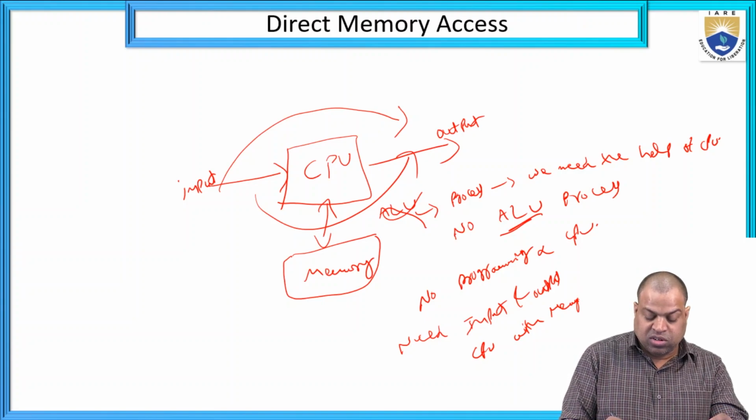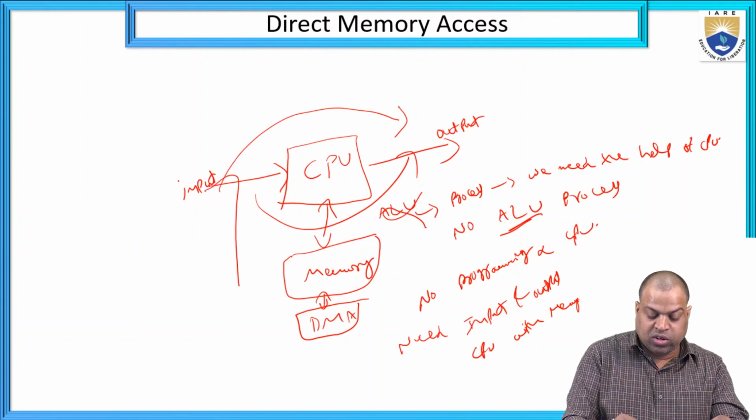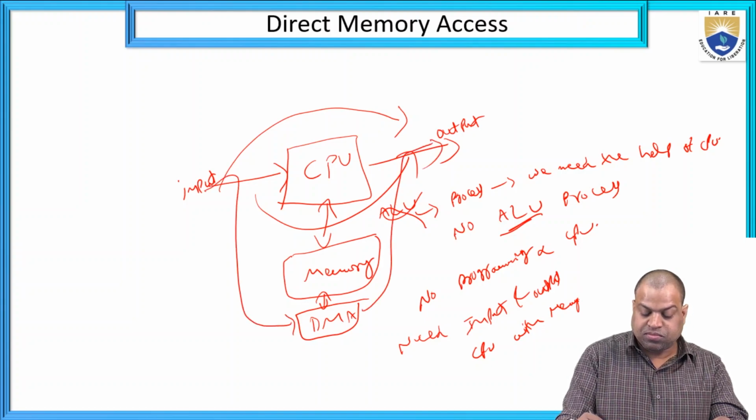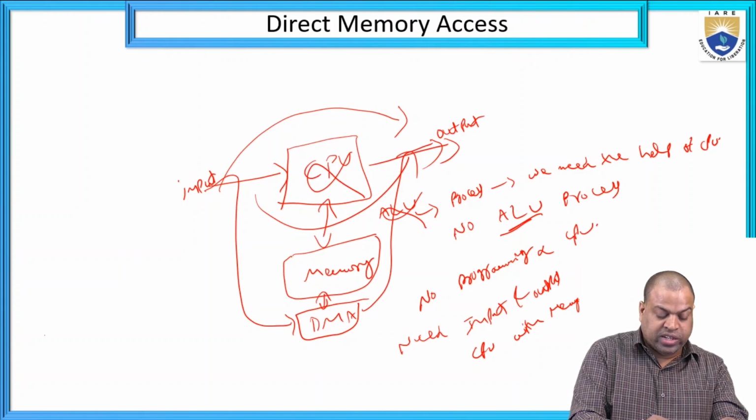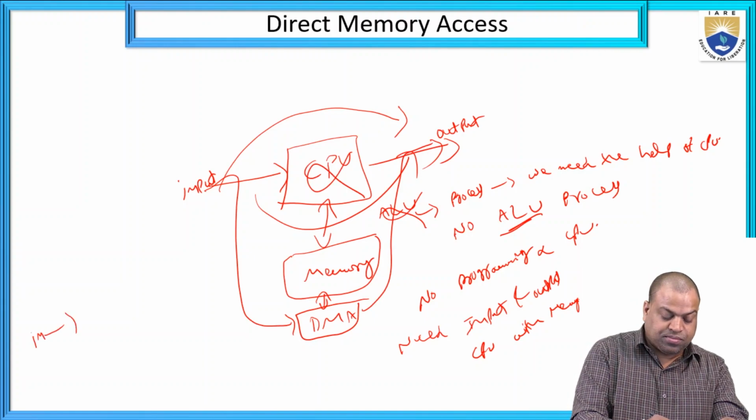So that is the reason we are connecting DMA, direct memory access. That means only memory and DMA will be connected. I have no need of any CPU. Input and output go directly with DMA and memory.